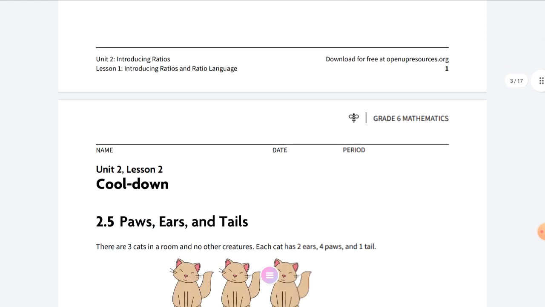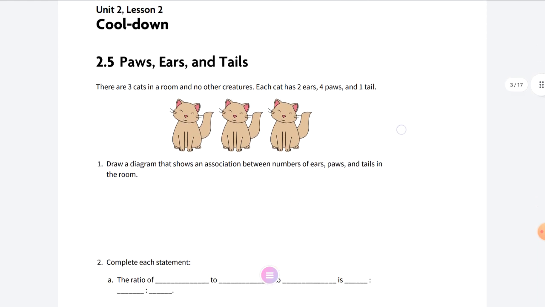This one is over unit 2, lesson 2. There are 3 cats in a room and no other creatures. Each cat has 2 ears, 4 paws, and 1 tail. Draw a diagram that shows an association between the number of ears, paws, and tails in the room.